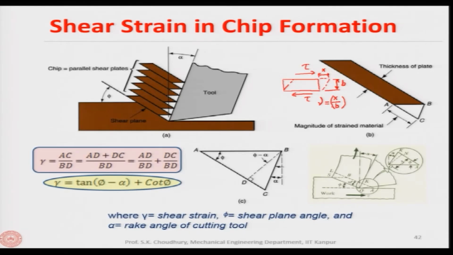So, this is the strain occurring when we have the tau applied, and because of the tau we have the permanent movement of the material, which is a plastic deformation, as x, and the distance between the two layers will be B. Similarly, in machining, you can assume that the chip flowing along the rake face of the tool is a stack of cards.